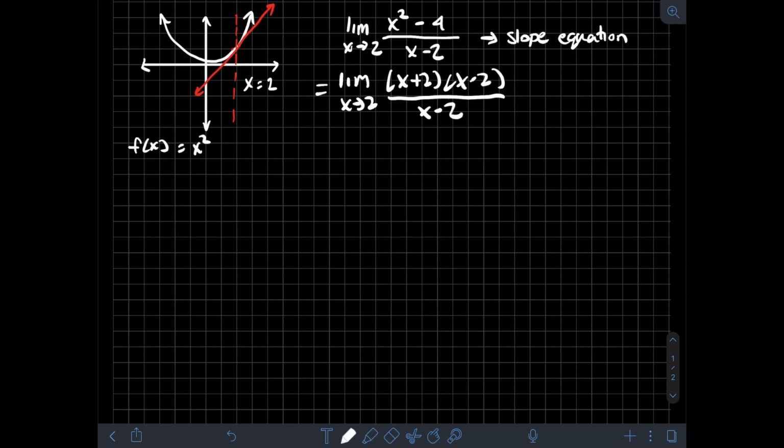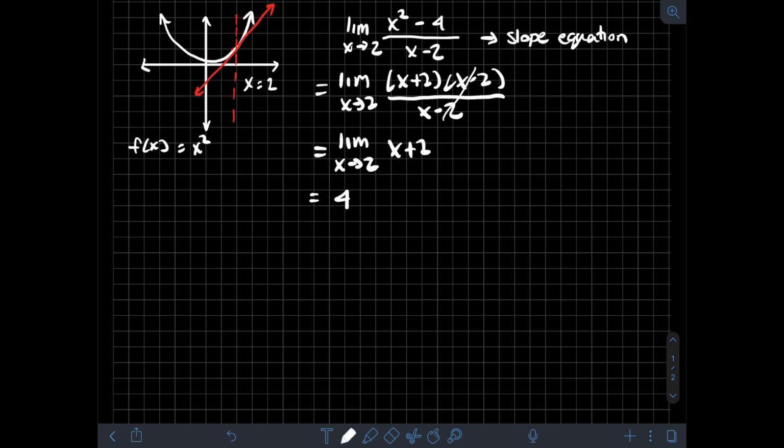And we see that we have a like term on top and bottom. We can cancel them out. If you look back to the last video, you'll see an explanation as to why this is allowed. But for here, we're going to carry on. This leaves us with the limit as x approaches 2 of x plus 2. And now we can just plug in and we get the answer to be 4.